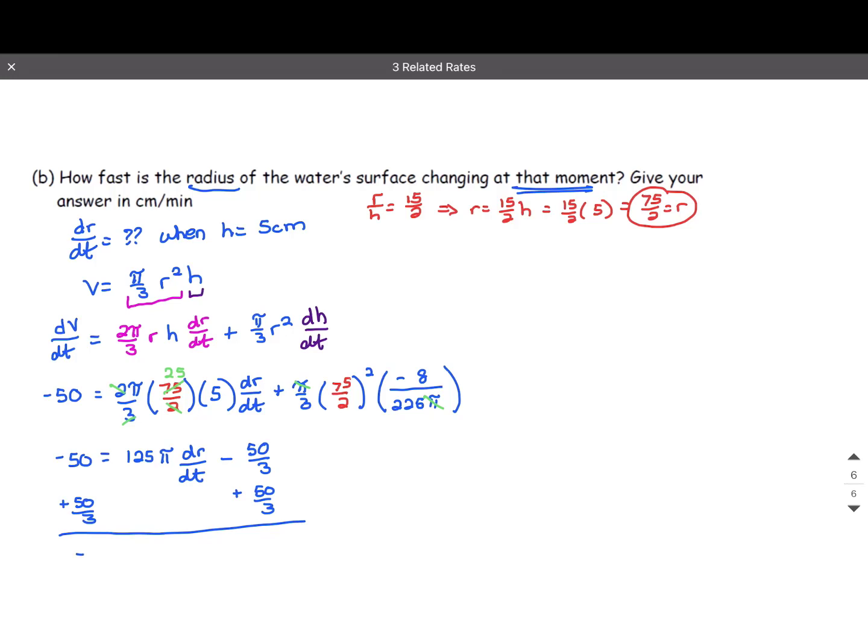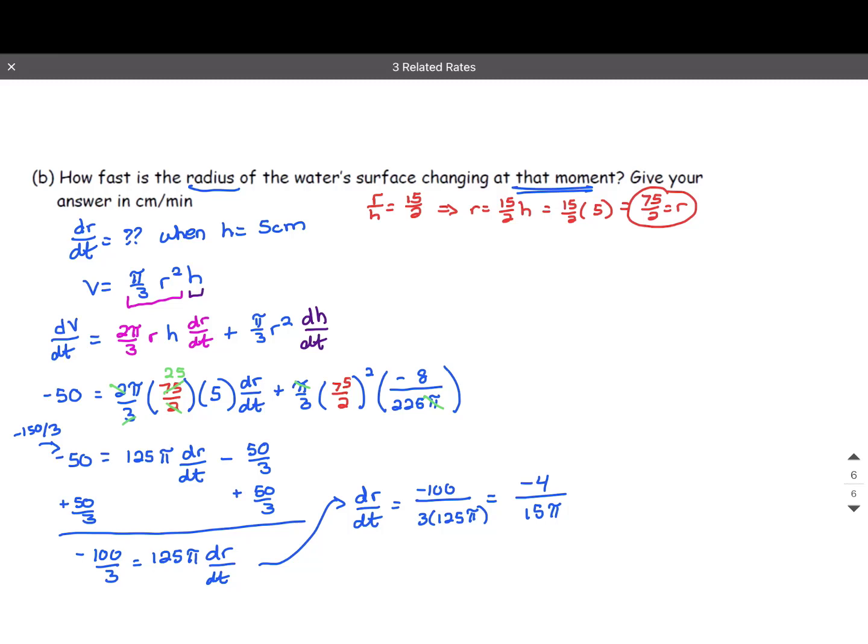So if I add 50, I get negative 100 thirds equals 125 pi dr/dt, which means if I divide both sides by 125 pi, I'm going to have negative 100 over 3 times 125 pi, which is going to reduce to negative 4 over 15 pi.